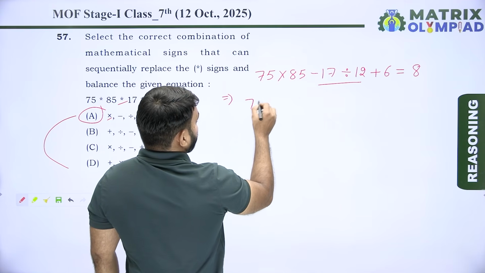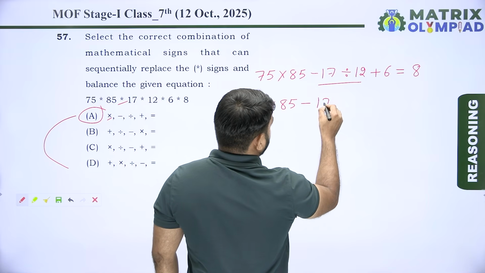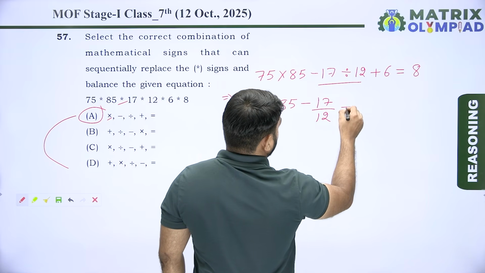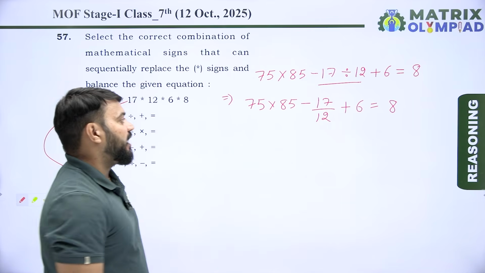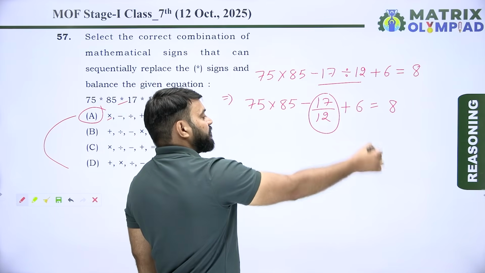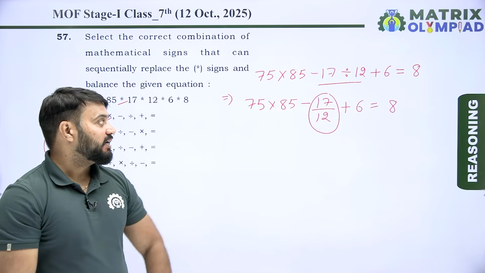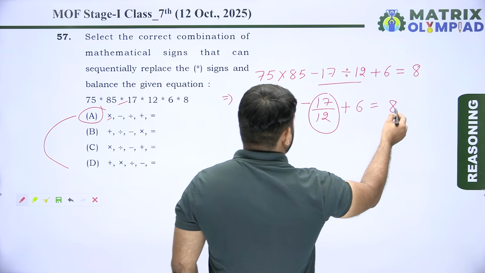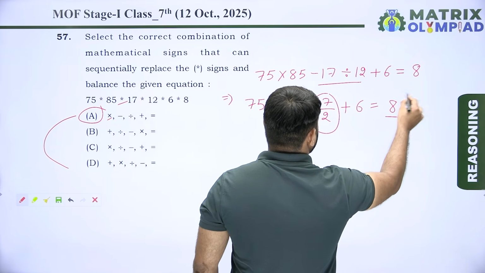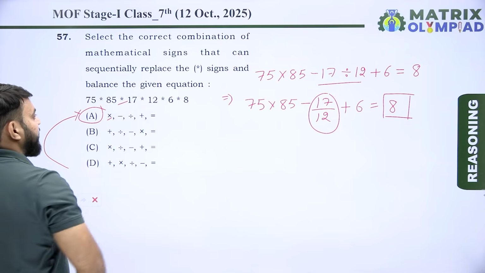So 75 multiplied by 85 minus 17 divided by 12 plus 6 is equal to 8. The value of this part is not a whole number because 17 is not completely divisible by 12. So it cannot equal 8. So option A is an incorrect option.